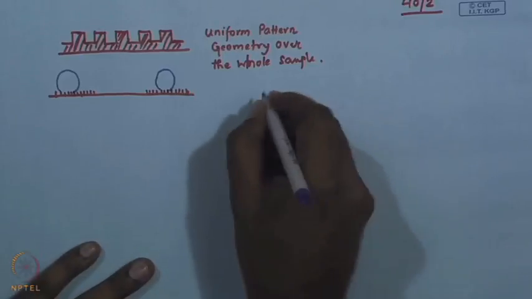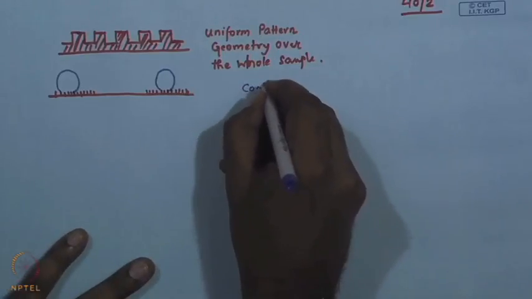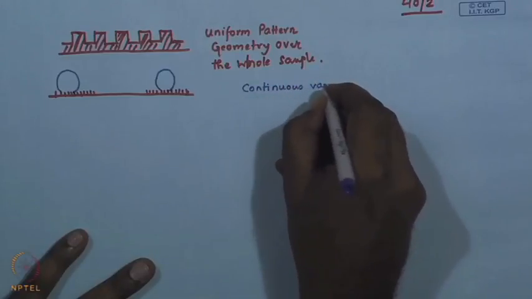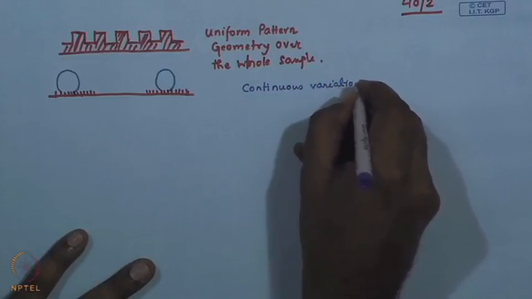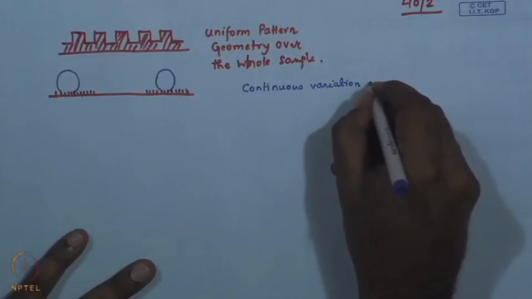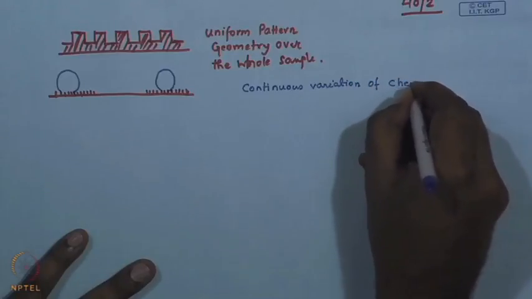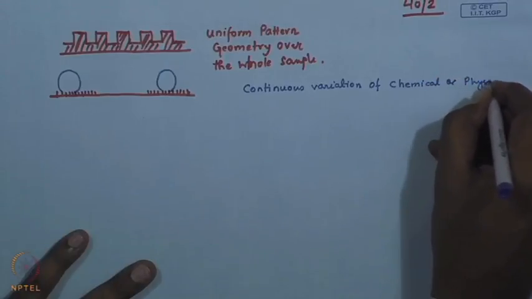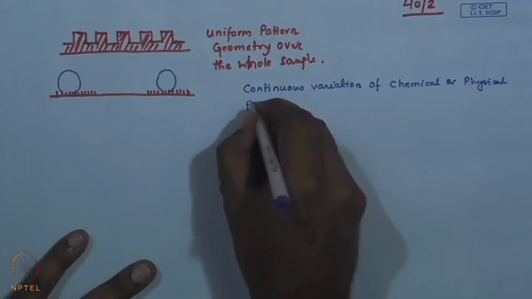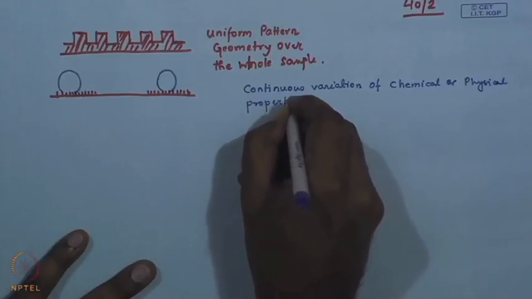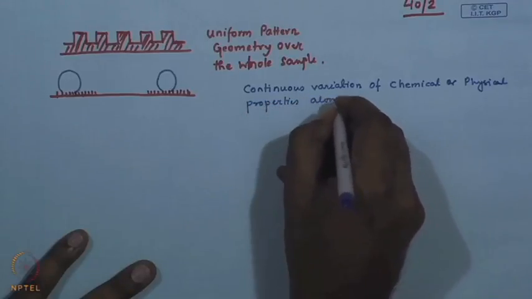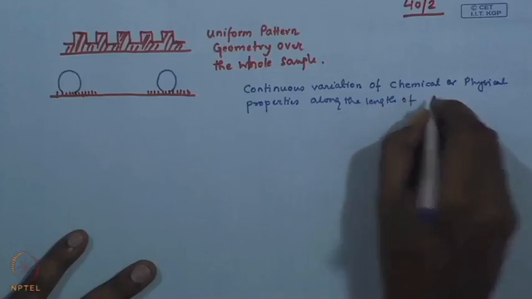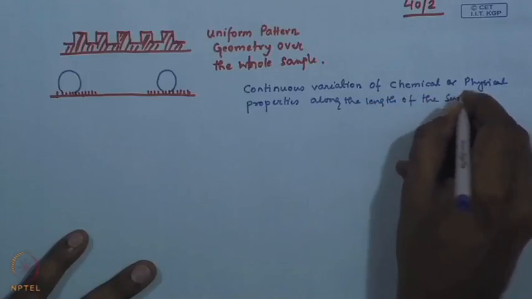So, there is a continuous variation of chemical or physical properties along the length of the surface.